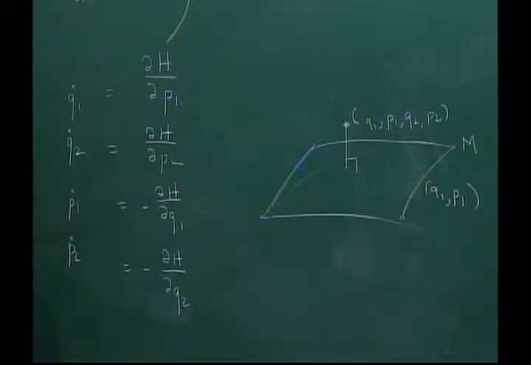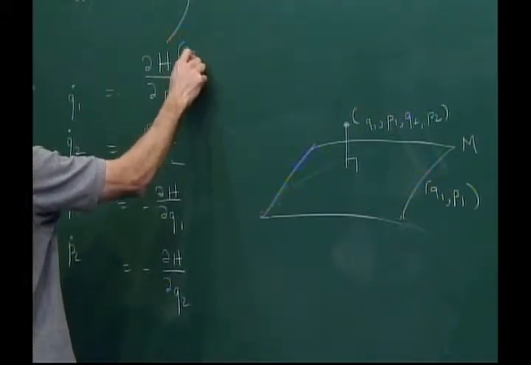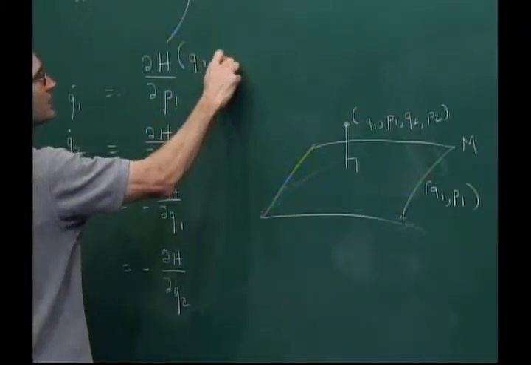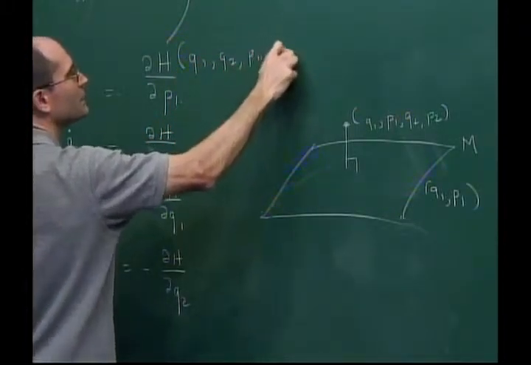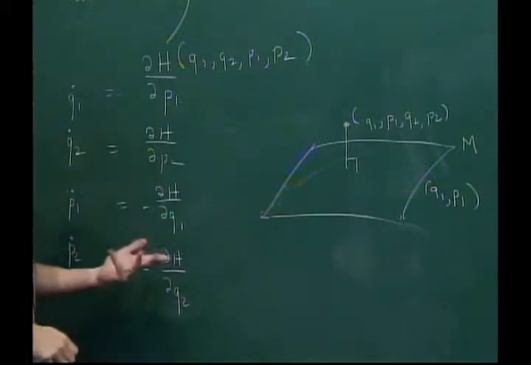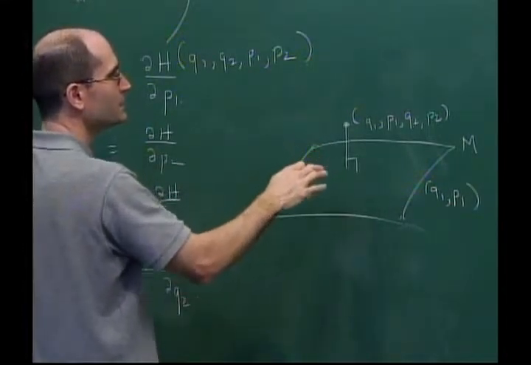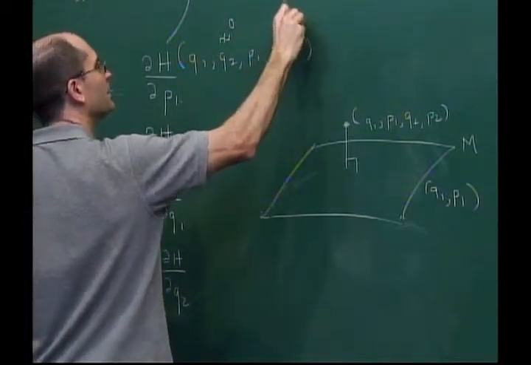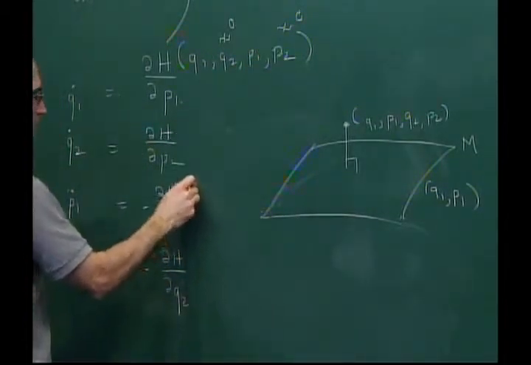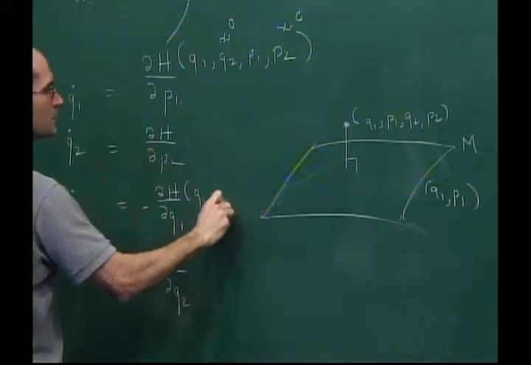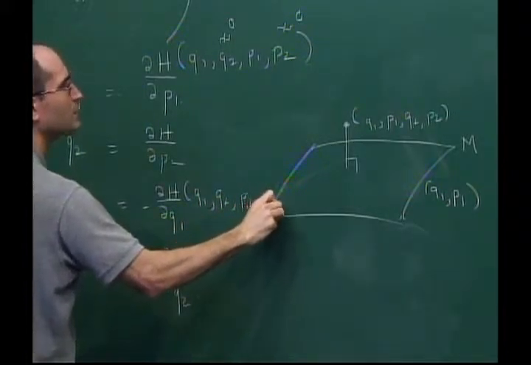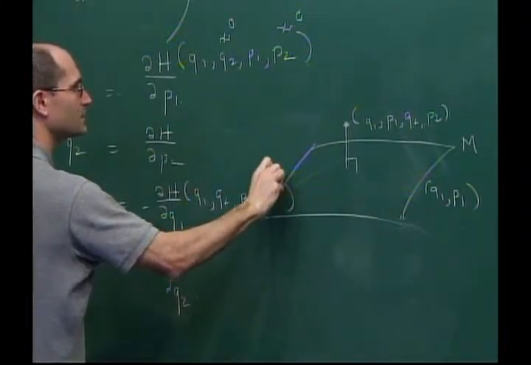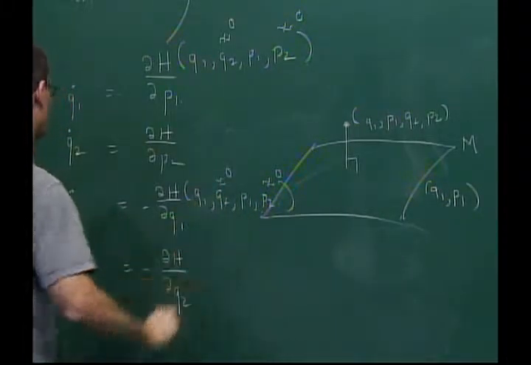And so if we look at the equations here, H is evaluated at Q1, Q2, P1, P2. But to a leading order approximation, Q2 and P2 are approximately 0.